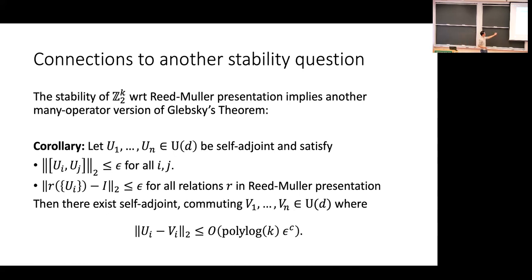Then in fact, you can deduce the existence of close by commuting unitaries, and the closeness is a much better function of K and epsilon. Maybe there also might be some D prime in there, a bigger dimension. So that's this connection with this approximate commutation question that people studied.